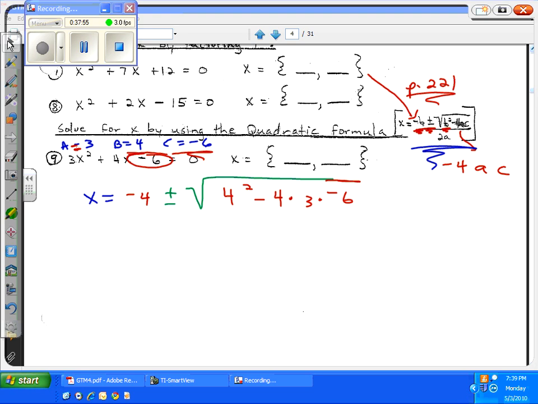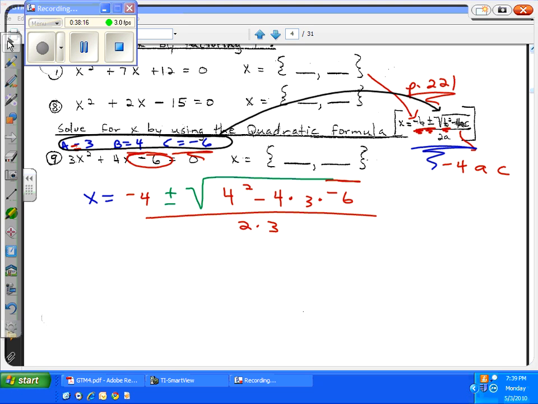So the opposite of B plus or minus the square root of B squared minus 4AC all over 2 times the A value of 3. So again, we're plugging the A, B, and C that we identified into the A, B, and C of the formula and coming up with this equation.